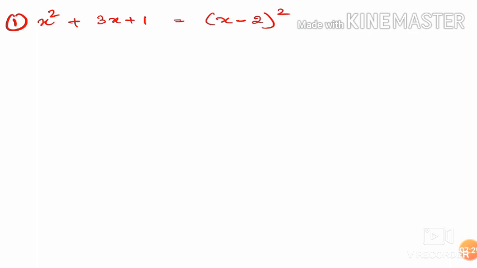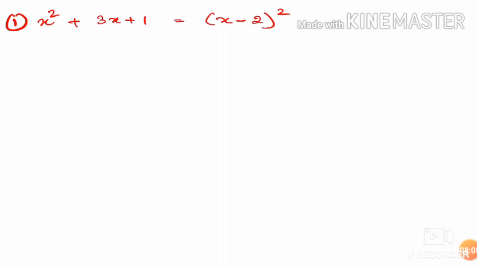x square plus 3x plus 1 equal to x minus 2 the whole square. Looking at the left side and the right side, there is a degree 2 in these expressions. So obviously you will think that this is a quadratic equation, but you should not make your conclusions until you have written the equation in its standard form.